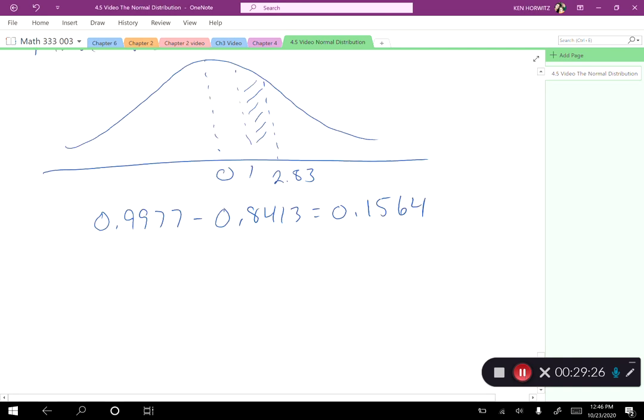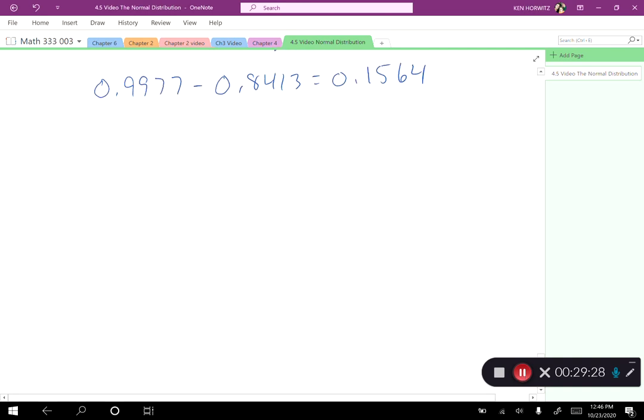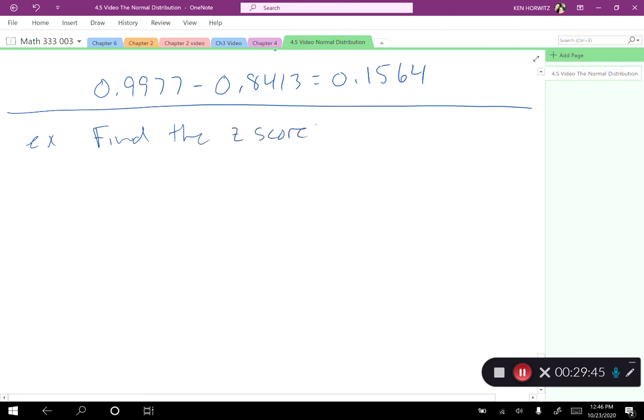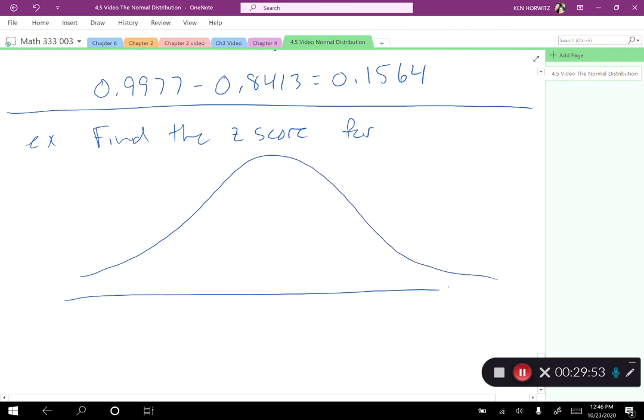All right, so the last thing I'm going to leave you with is what if we needed to go backwards? What if I told you that I knew the area, but I needed to know the z-score? So for example, find the z-score for, and I'm going to give you a graph.